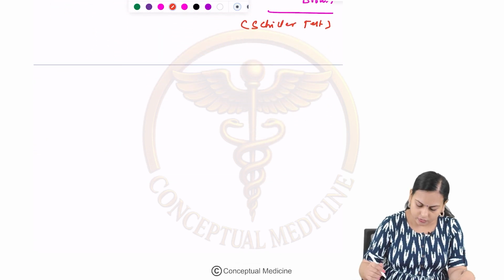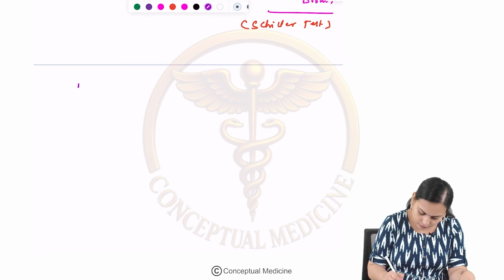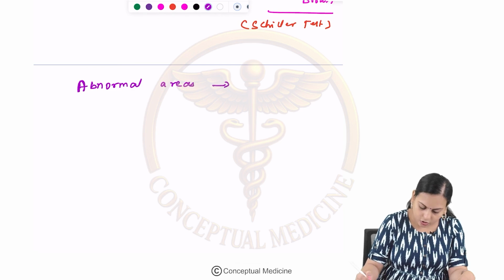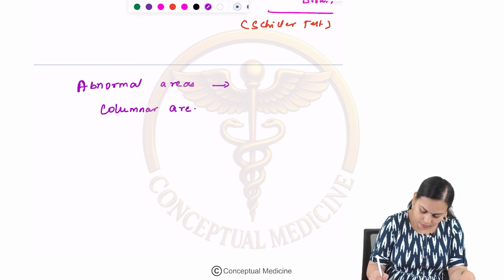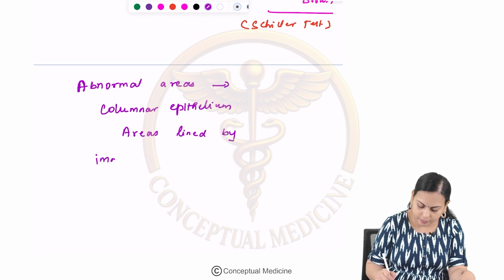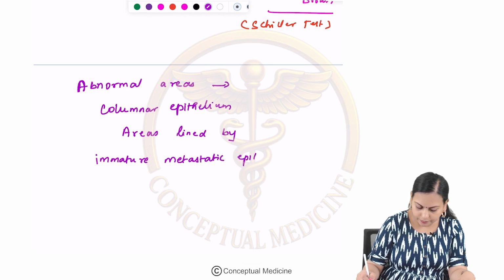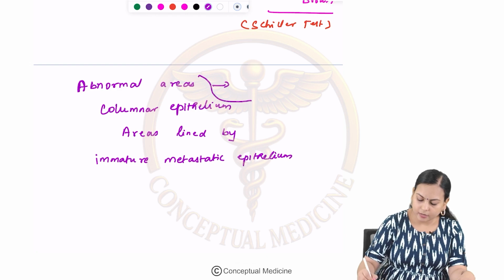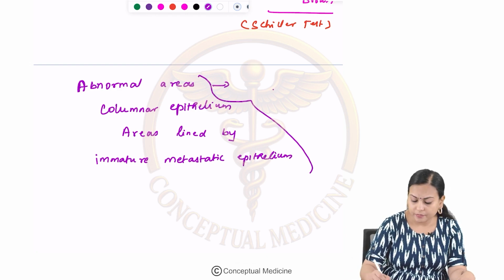The abnormal areas, say the columnar epithelium or areas that are lined by immature metaplastic epithelium, do not contain much glycogen and will appear mustard yellow in color.